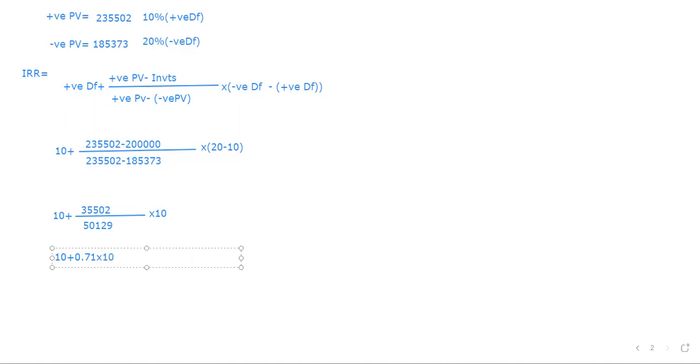When I multiply into 10, it is going to be 7.1. So 10 plus 7.1 will be the answer. Therefore, my IRR is equal to 17.1. This is our answer. I hope it is very clear for you people. Our answer is 17.1.